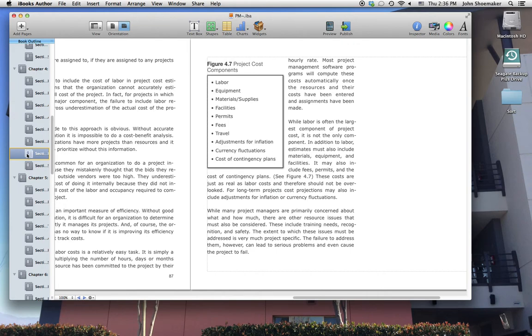In Figure 4.7, this is from the supplemental reading, you can see that there's quite a few different components to a cost estimate. Labor is the most obvious, and for some of your projects it's going to be by far the largest component.